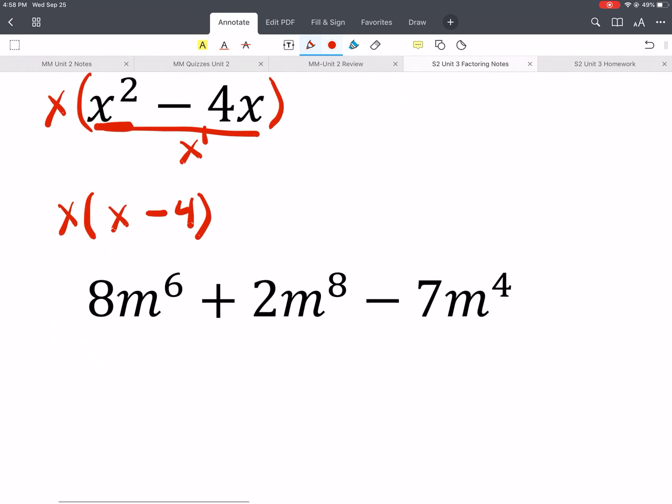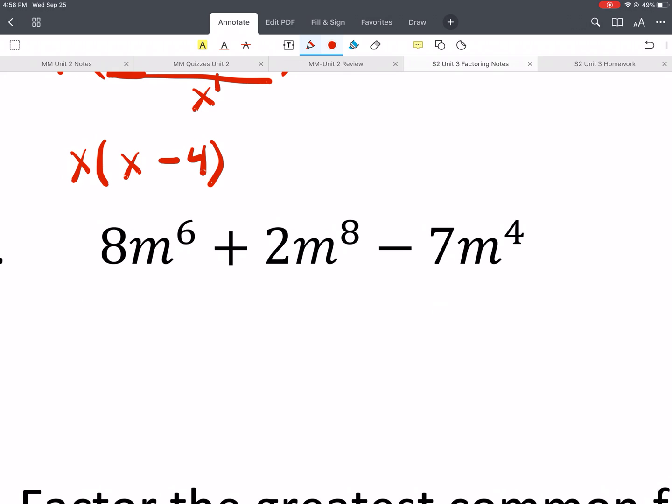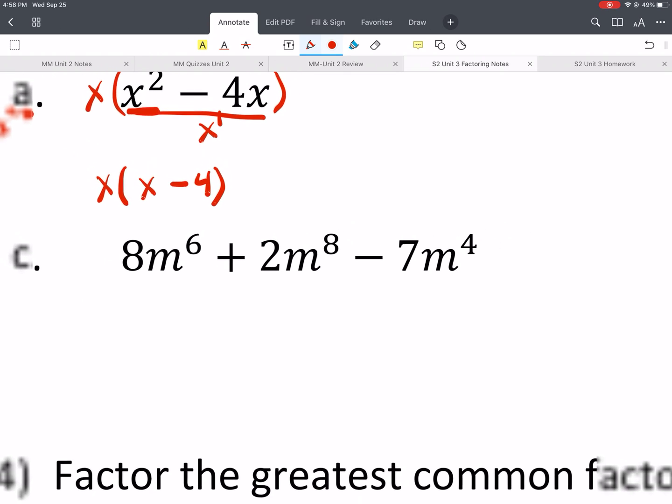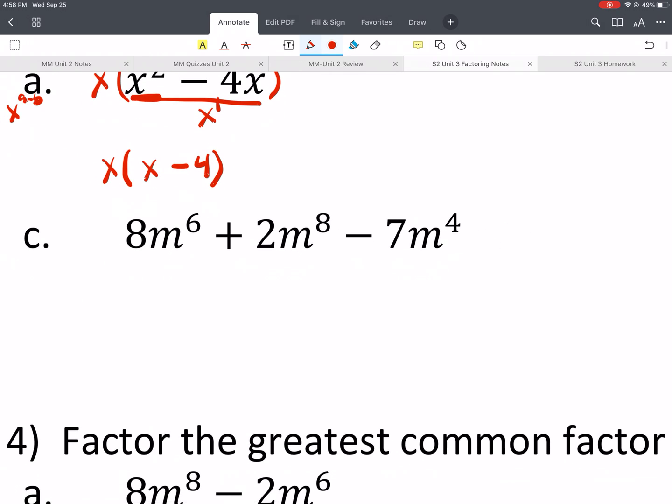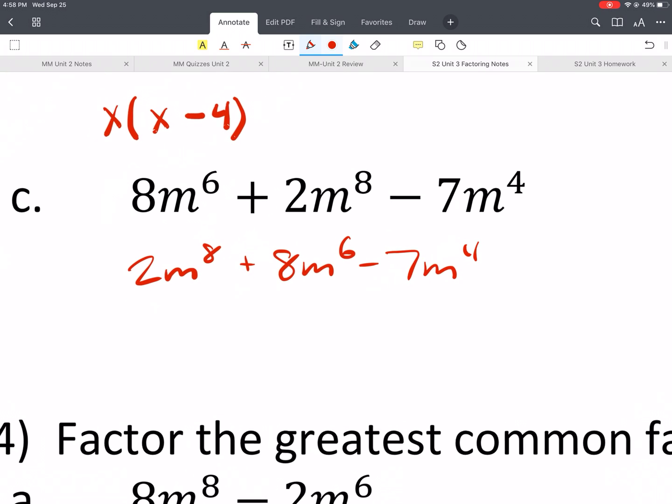Okay, another example. Looking at this, I told you the first thing we need to always do is have it in standard form. This is not in standard form, so we would have 2m to the 8th plus 8m to the 6th minus 7m to the 4th. Now we look at the variables. If we look at the numbers, there's nothing we can factor out for the numbers.